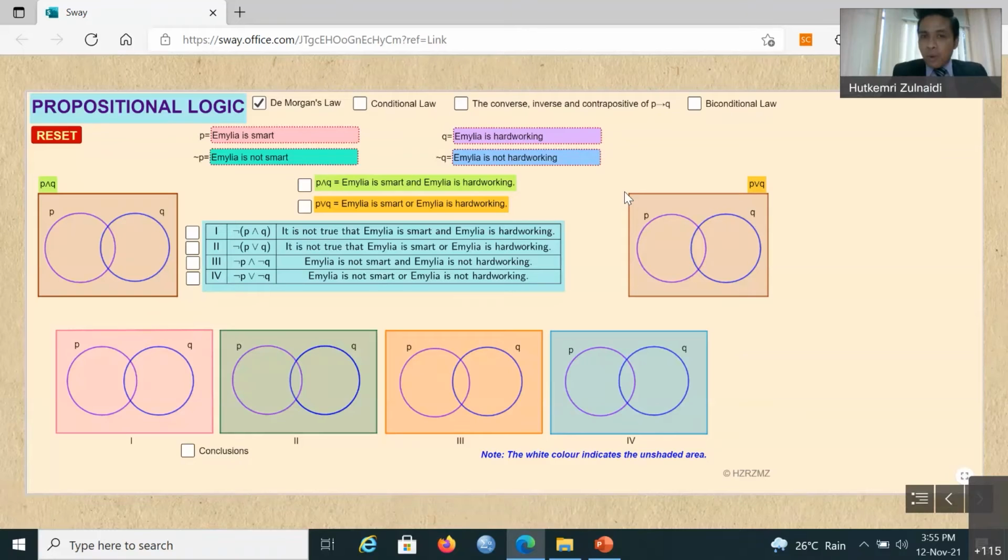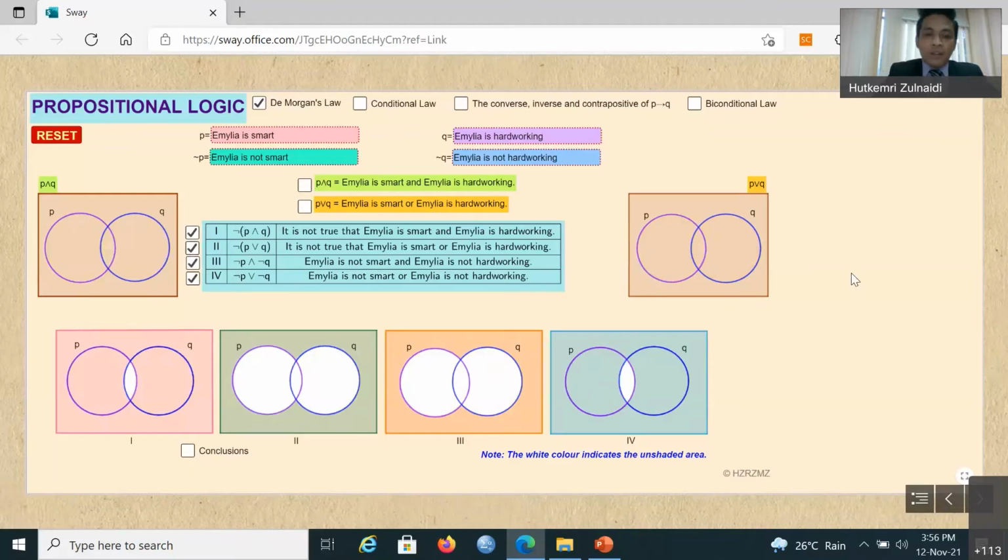Next, what is the advantage of the GeoGebra applet here? It can also make the diagram. For example, when we press P and Q, we see the area, and if we use the Venn diagram, we can also look at the colors with the areas.